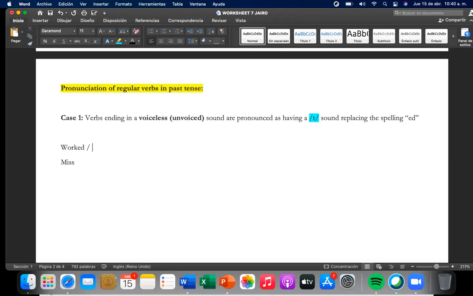So this is the thing. We're going to produce this verb as this: worked. Miren que acá, chicos, esto es un error a nivel de spelling, pero recuerden que no estamos hablando de spelling, sino de pronunciación. Entonces, lo que nos dice la regla, el caso número 1, es que cuando hay un verbo terminando en un sonido que es voiceless, como k, el pasado se va a pronunciar como el sonido t.